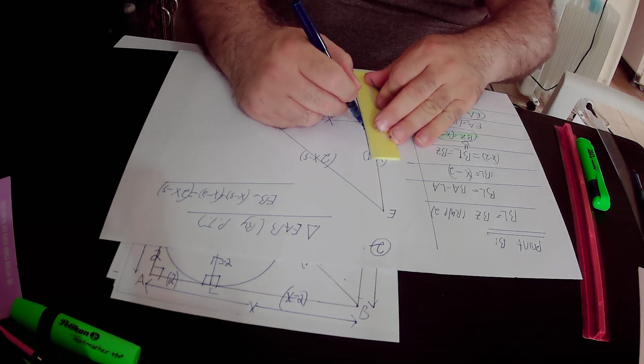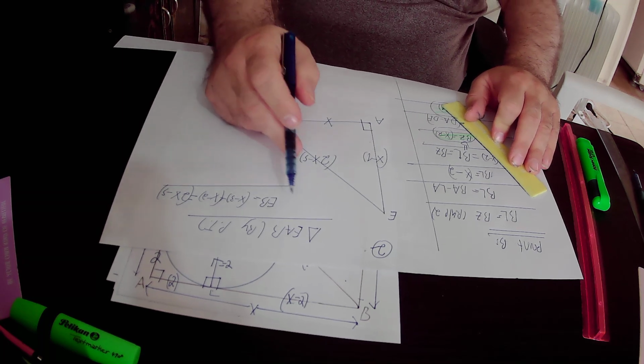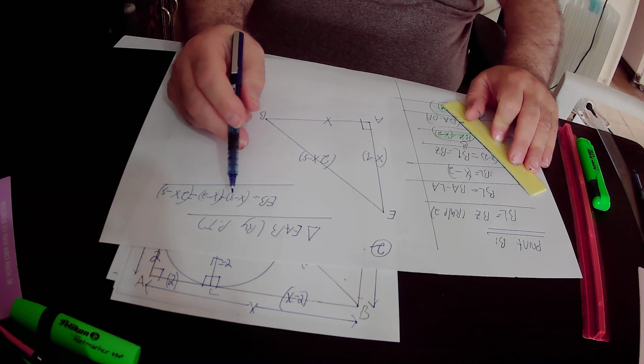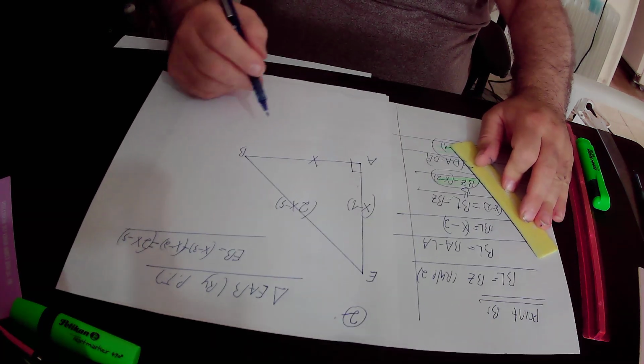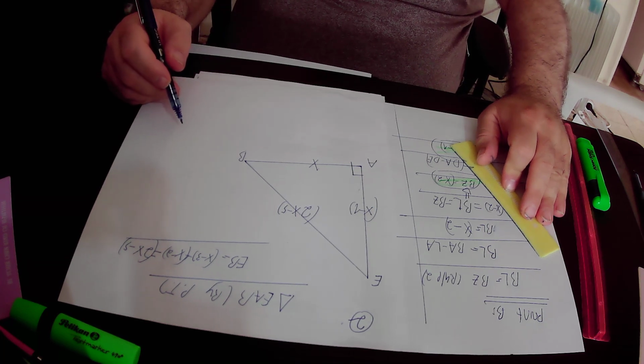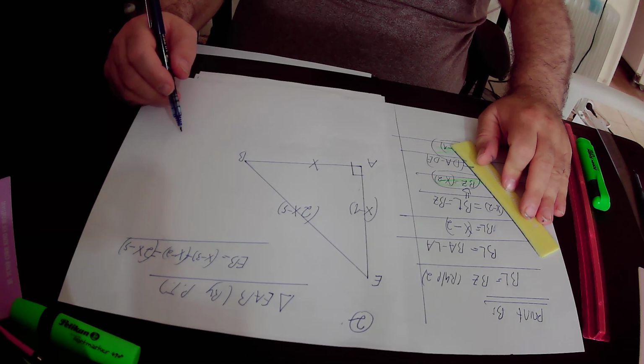In the next step, we will implement the Pythagoras theorem on this right triangle, triangle EAB. So here EAB by PT, a variation for Pythagoras theorem, we get that according to the Pythagoras theorem, the square of the hypotenuse equals the sum of the squares of the perpendiculars.